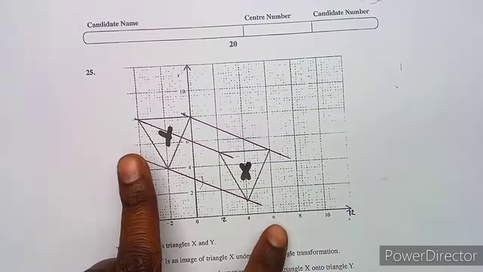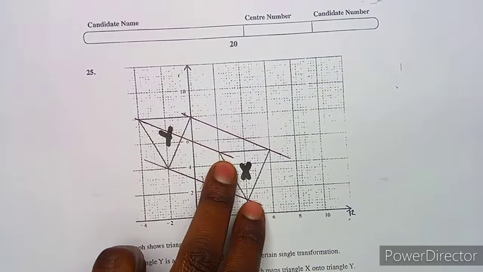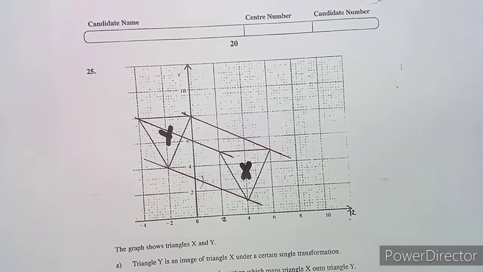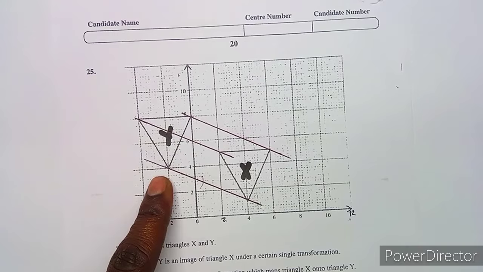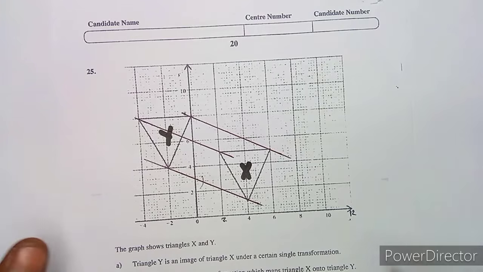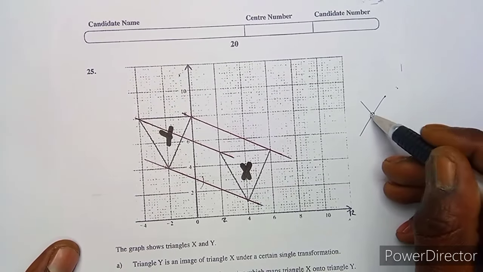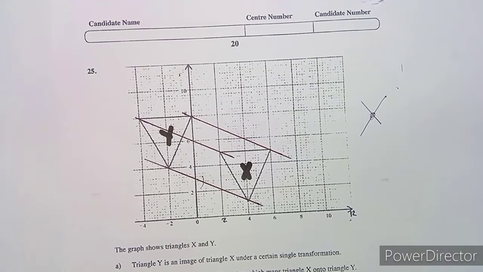Why? Because in reflection the lines are parallel, yes, but they do not have equal length, whereas these ones have equal length. Rotation definitely is out because we do not have parallel lines in rotation. In rotation, the lines intersect when the points are joined.